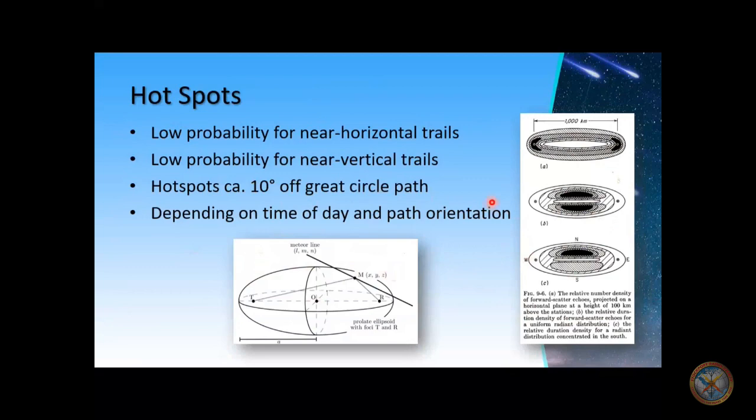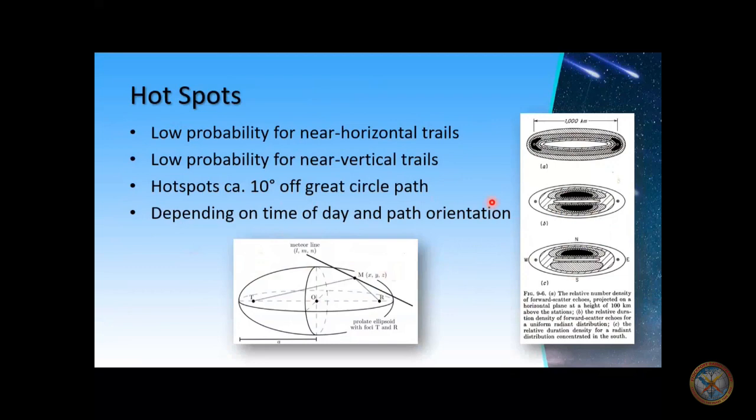if there was an equal distribution of radiants, but for example, in the morning, depending on your time of year, the radiant would change, because in the morning you would see them more southerly, which would cause the hotspot to be in the north.